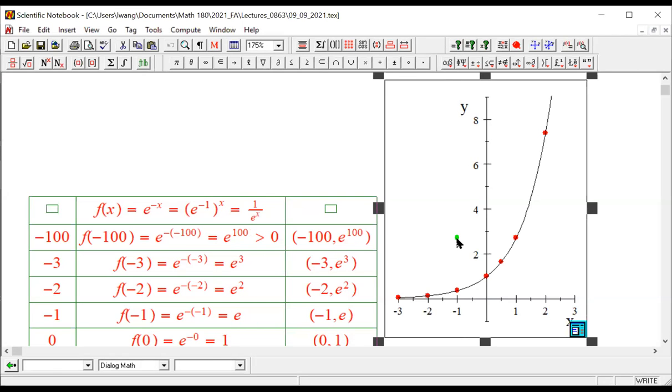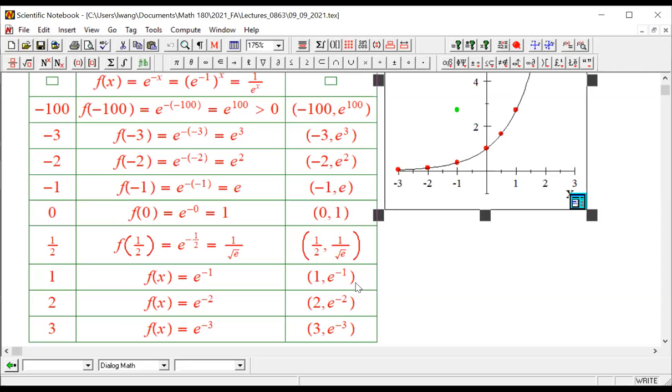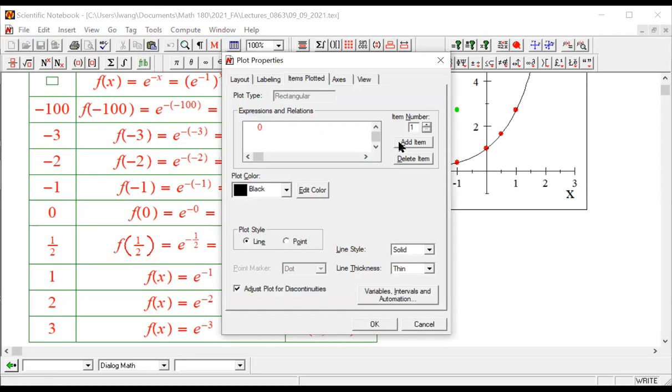You see that dot? For the same input, e to the power x lands you here, e to the power negative x lands you here, right? 0, 1, we don't need to plot because we're not going to see much of it. And let's look at 1, e to the power -1. Where is that?